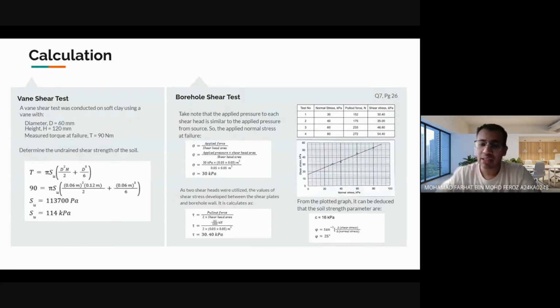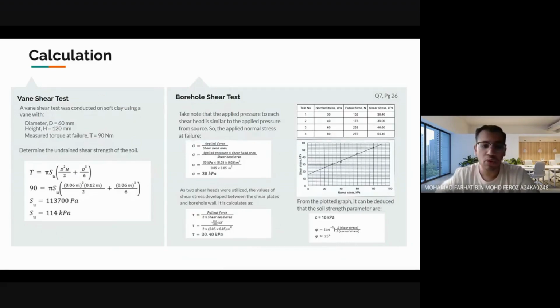Next, we plug these into our formula so we can calculate the undrained shear strength. The result is an undrained shear strength of 113,700 Pascal, or we can convert it to 114 kilopascal. That is for the vane shear test.